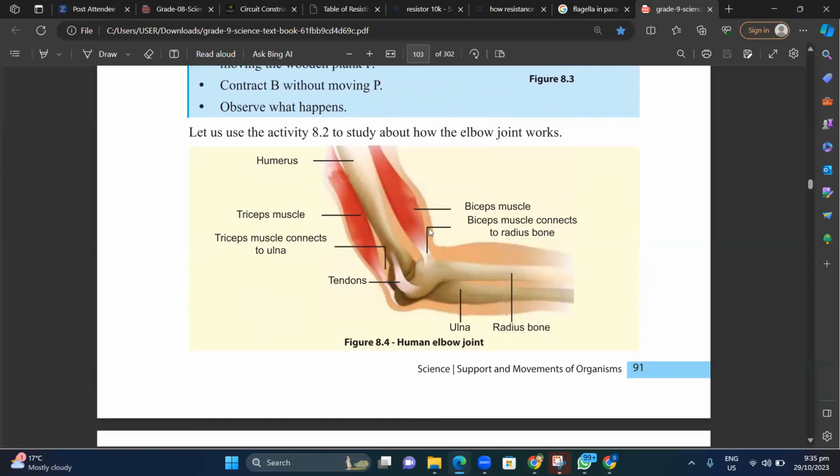So this is the same thing that we have seen, the biceps and triceps, and how this muscle movement happens. The tendon, and these are the bones. And the tendon, the radius bone. This is called the radial head part. And actually, I got to know a lot about this because I had an accident in my right hand where this radial bone's head was fractured.